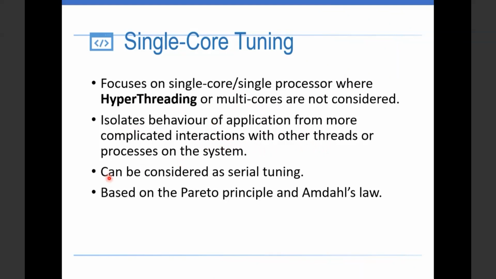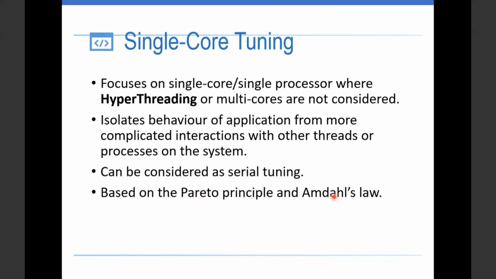It can be considered as serial tuning, and this single core tuning is based on the Pareto principle and Amdahl's Law. Now we are going to look at how to do single core tuning based on the Pareto principle and Amdahl's Law.